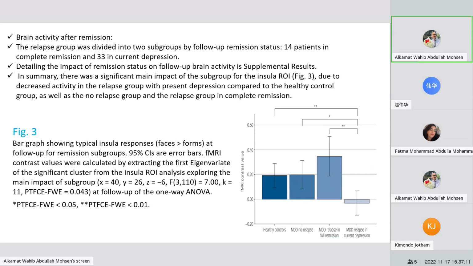So the fMRI contrast values were collected by extracting the first eigenvalue. So the main impact of the subgroups is by this value, with x equal to 40 and y.